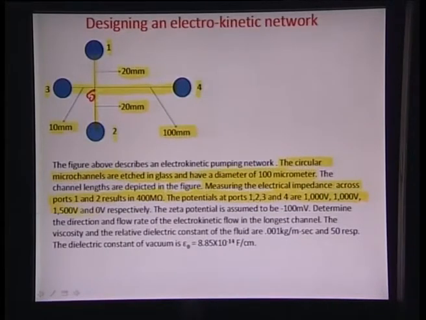So the potentials at ports 1, 2, 3, 4 are respectively 1000 volts, 1000 volts, 1500 volts and 0 volts. So essentially you are not applying any potential at port 4, at 0 volts. You apply 1000 volts on 1 and 2, and you are applying 1500 volts in port 3. Okay.